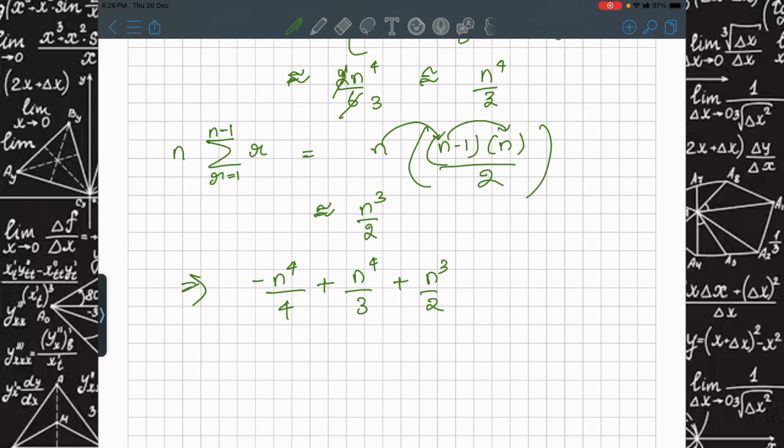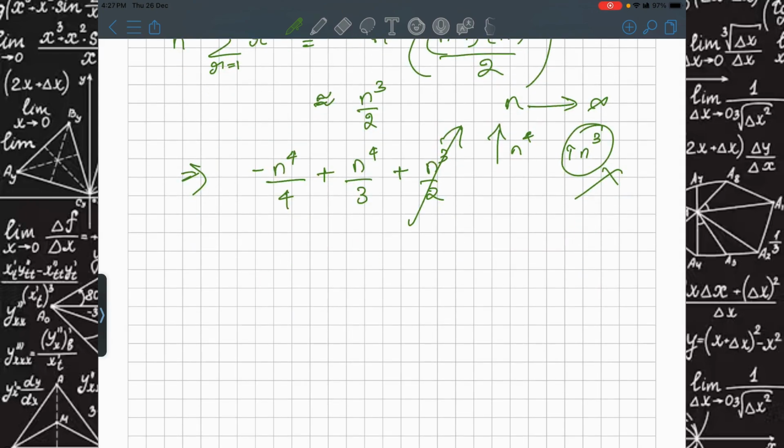So again, n power 4 rises exponentially as compared to n power 3, right? It rises very small. So when we tend to infinity, this will become negligible. So always keep the dominant term. So I am neglecting this as well. Eliminate this. So calculate only this. So take LCM: minus 3n power 4 plus 4n power 4 divided by 12. So it is n power 4 divided by 12.